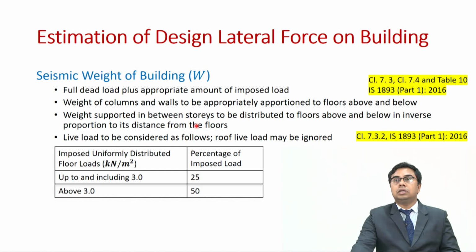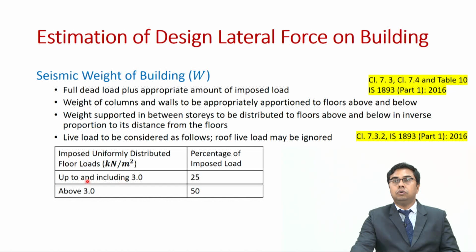Similarly, the weight supported in between the stories to be distributed to floors above and below in inverse proportion to its distance from the floor. It means exactly the same, that is the tributary area concept. However, what is the appropriate amount of imposed load that we need to consider in seismic weight of the building?